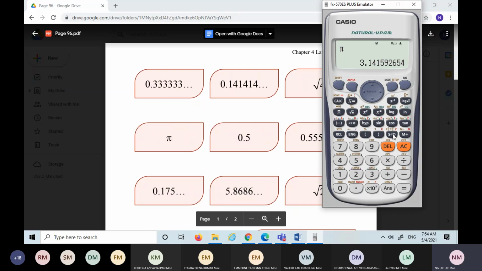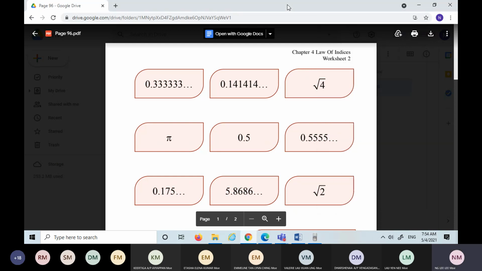Okay. Look at this number, 3.141592654. So, is the decimal repeated, Farha? No. Okay, so is it a rational or irrational number? Irrational number.